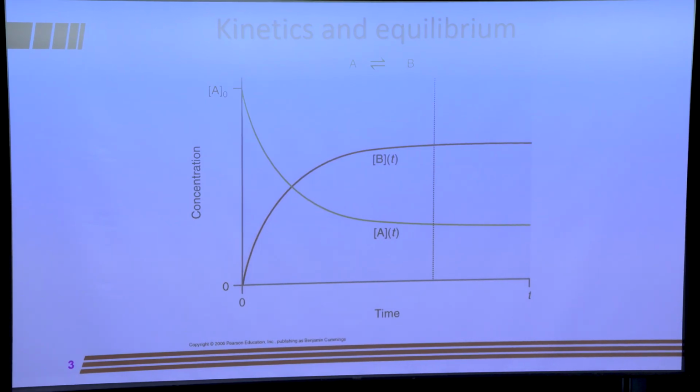Okay, so again, we go back to our example here. We put A into a container. It can react to produce B, and eventually they reach equilibrium. So A decreases in time, B increases in time, and this first part we consider kinetics, and this other part, equilibrium, okay?